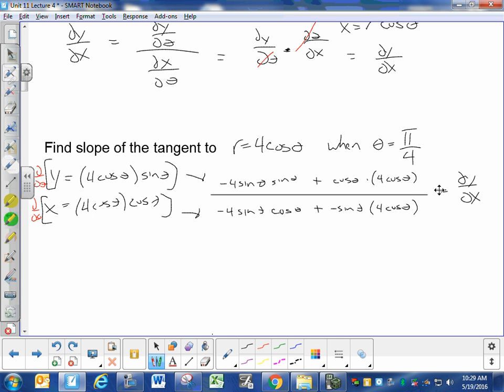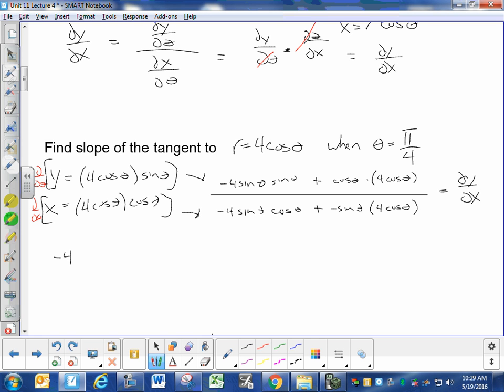Okay, maybe you ask a question where what is the formula for the slope of the tangent for this? But typically that's a little bit crazy. Instead say, what is the slope of the tangent at a specific angle? Now we're going to have to plug in pi over 4 everywhere. Sine of pi over 4 and cosine of pi over 4 thankfully are the same value, so it won't be that difficult.